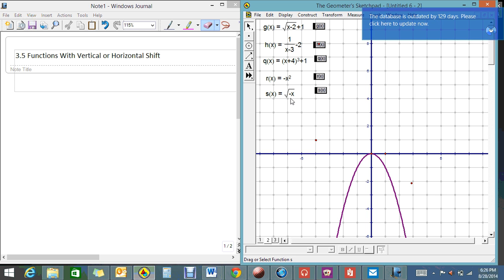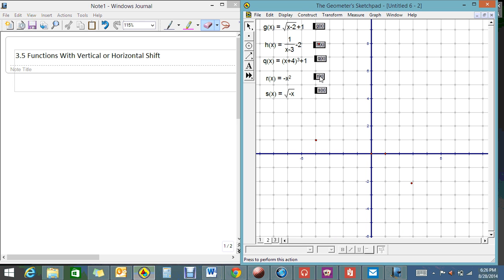I could put the negative on the inside with the x. Okay, so if it's inside with the x, what do you think that means? It doesn't mean that it doesn't exist because it's a negative number, it means the opposite of x has to be positive. That means x has to be negative, right?